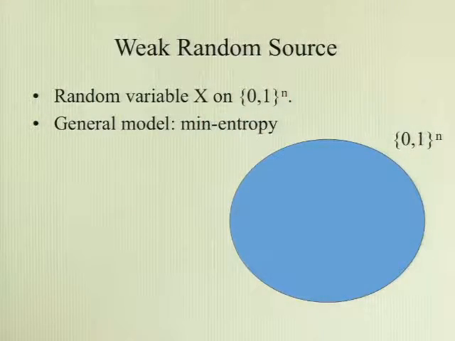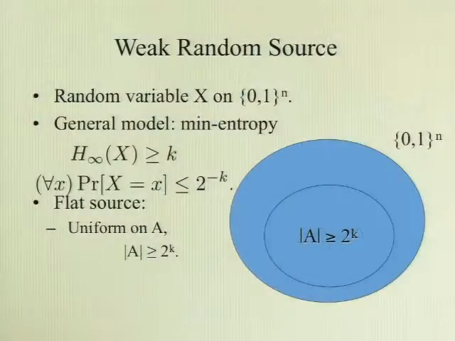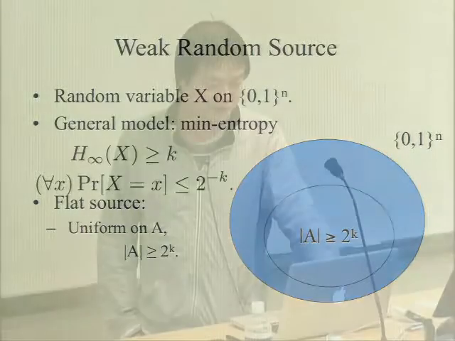But then you need a way to measure the entropy of the weak source, which we measure by the now standard notion of min-entropy. If a source has min-entropy k, then for any element in the support, the probability that the random variable takes this value is at most 2 to the minus k.